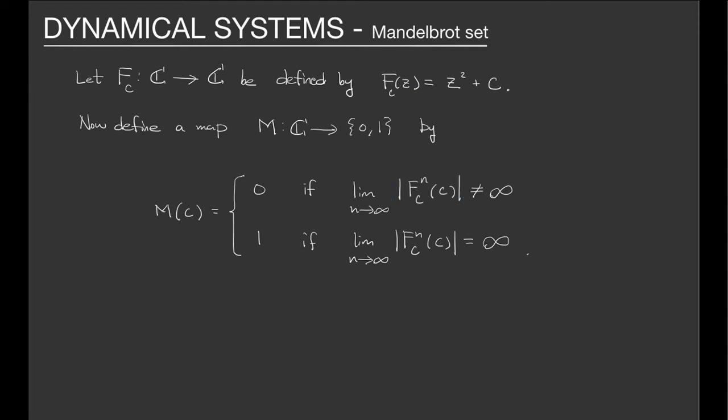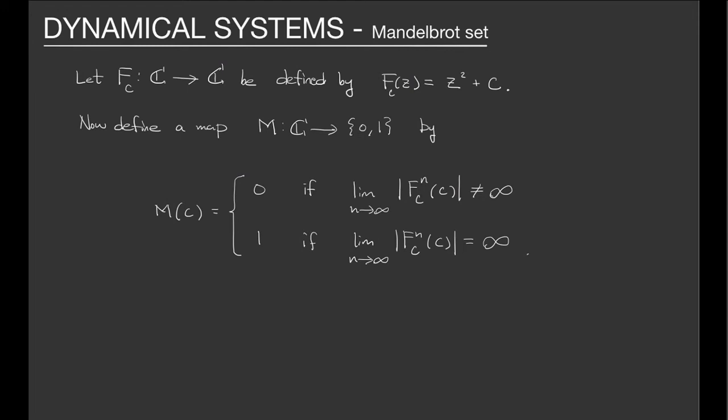If that limit of these non-negative real numbers is not equal to infinity, then we define that c value to be mapped to 0. Now, it doesn't have to even exist. It just has to not be infinity. So it can bounce between two values. It could go like 1/2 to -2/3, 1/2 to -2/3. It could oscillate or do a variety of things.